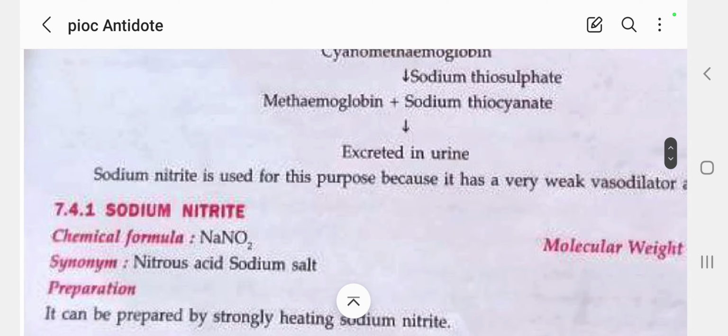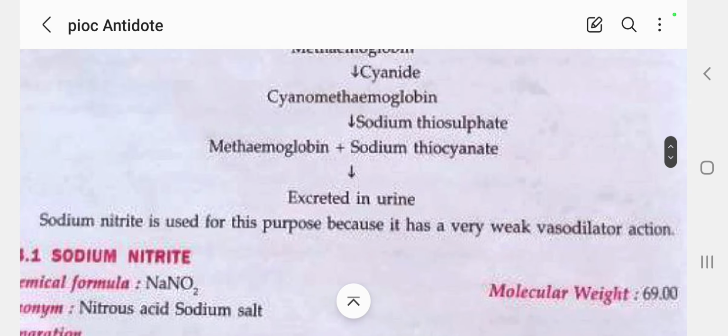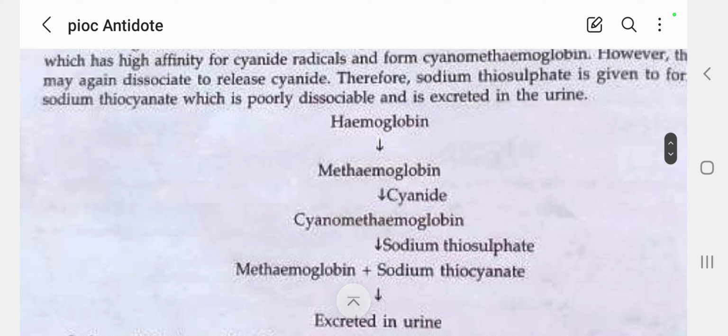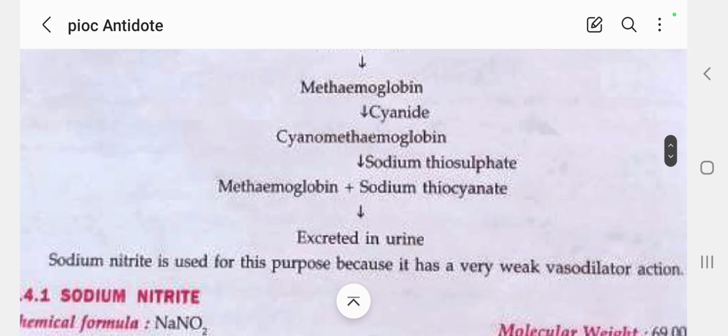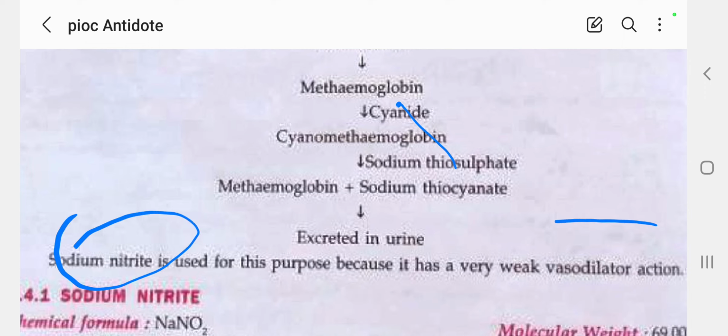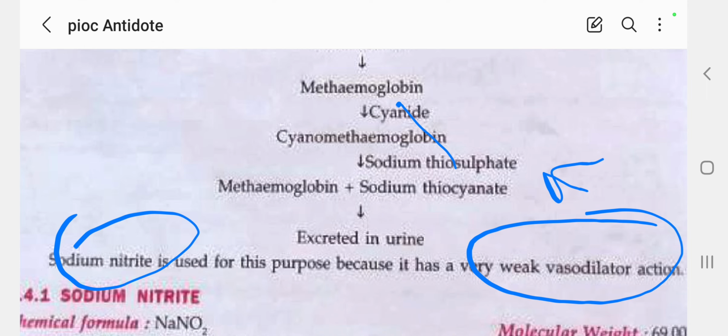I think all of you, my dear students, have understood the mechanism of action of the physiological antidote used to treat a person ingested with cyanide poisoning. So that is why we give priority to sodium thiosulfate and not sodium nitrite.